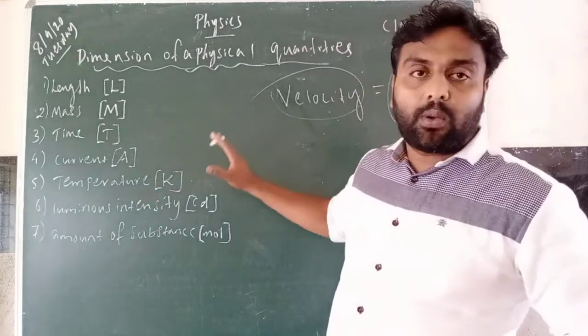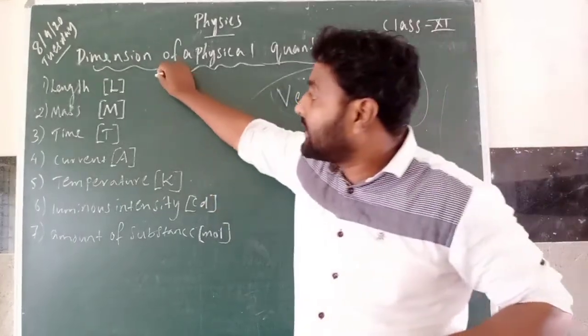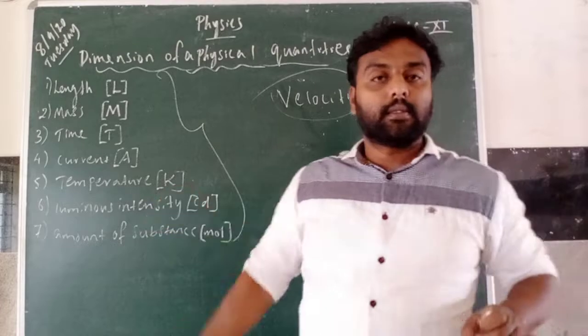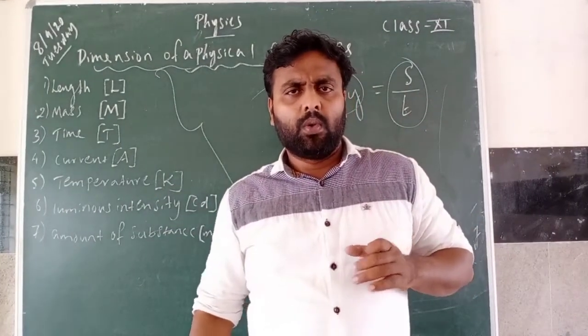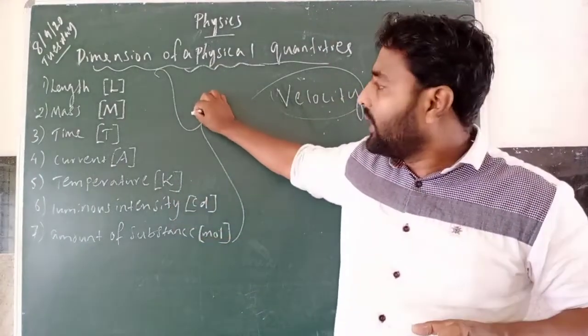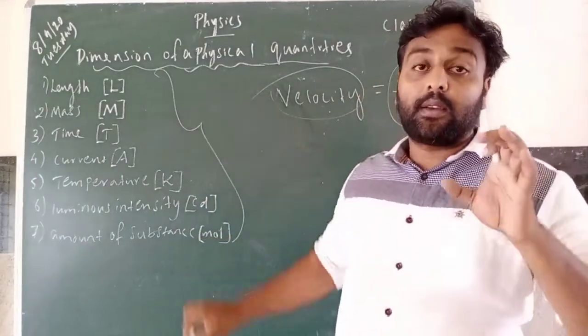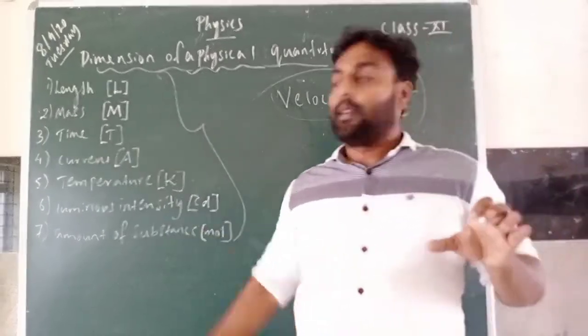All these derived quantities are represented by using the 7 base quantities. All the derived quantities you can represent by using these 7 base units. This is a basic unit.